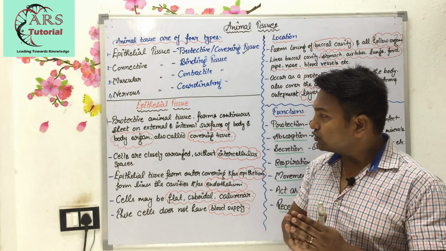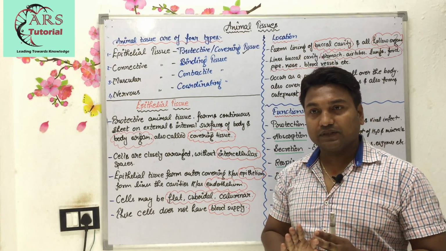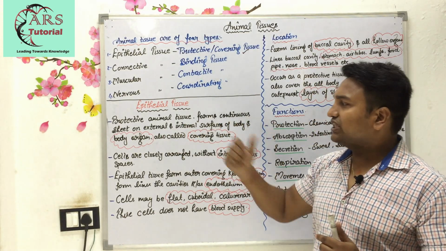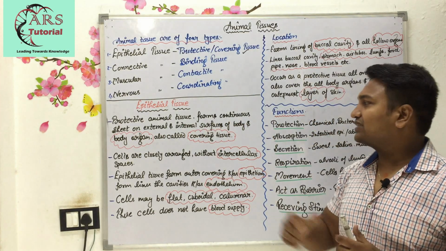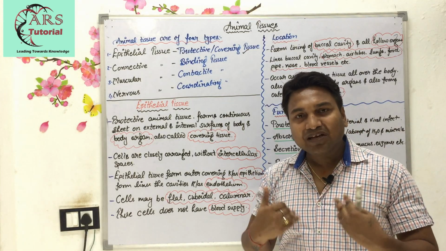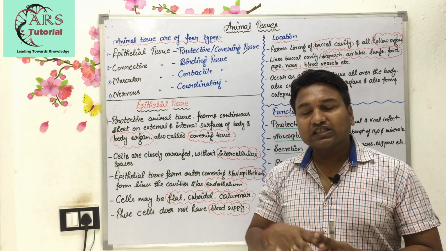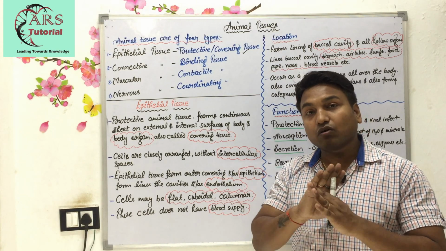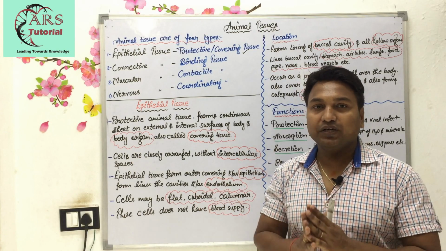In epithelial tissue there is no intercellular space. So it is a protective animal tissue forming a continuous sheet on the external as well as internal surfaces of the body and body organs. On all our body organs, either external or internal surfaces, there is a continuous sheet of epithelial tissue covering them.